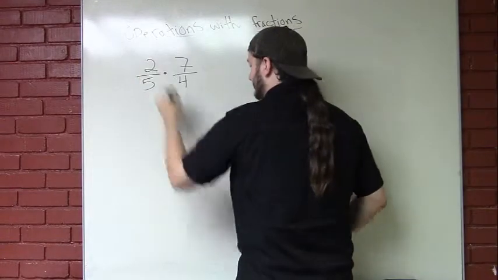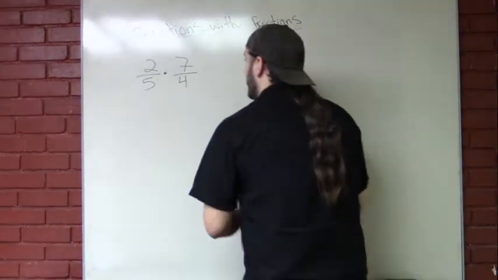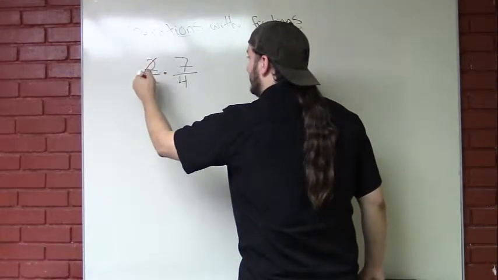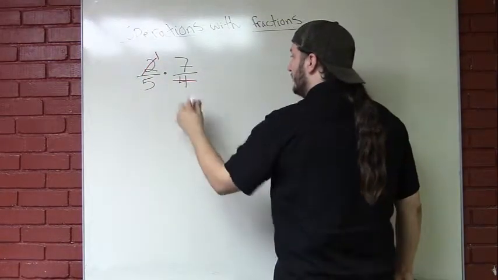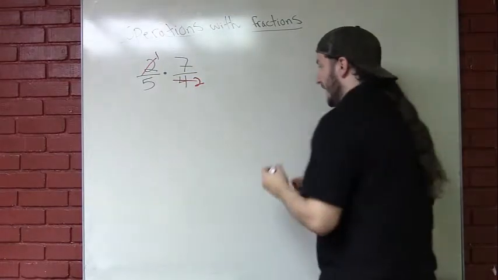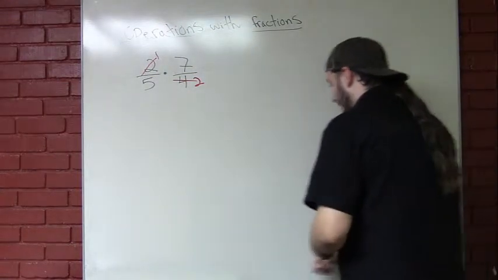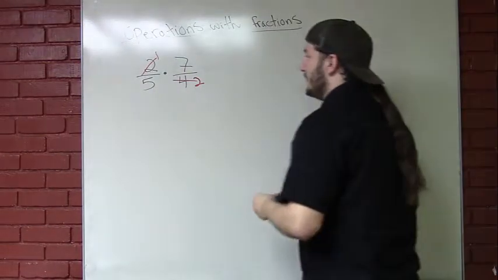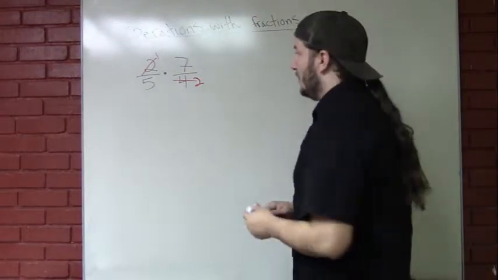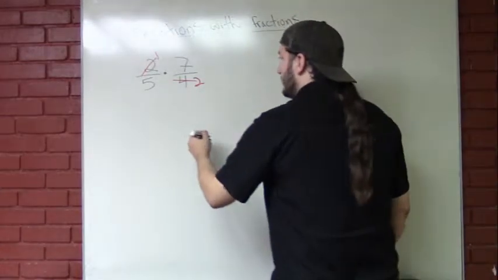Well, in this case, the 2 can be divided by 2 once, and the 2 can go into 4 twice. So we just cross-reduce that guy. Now, 5 and 7, there's no number that can divide evenly into both of those guys, so you leave them. So what are you left with?